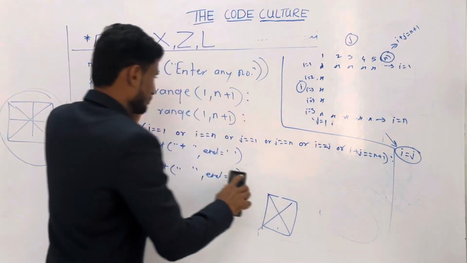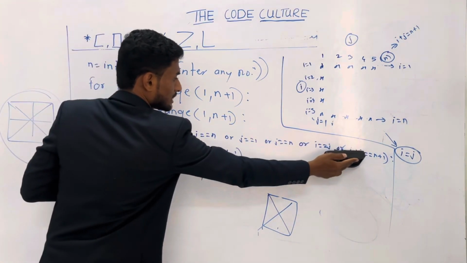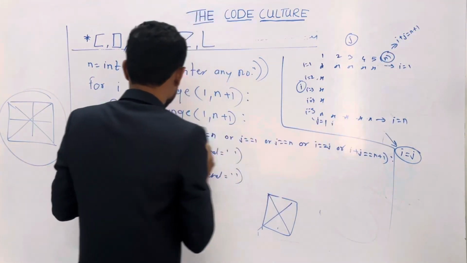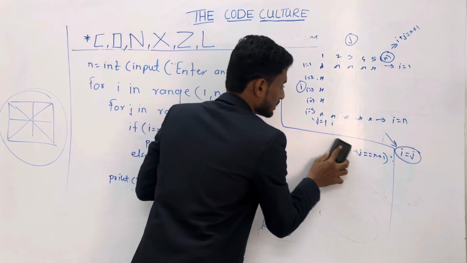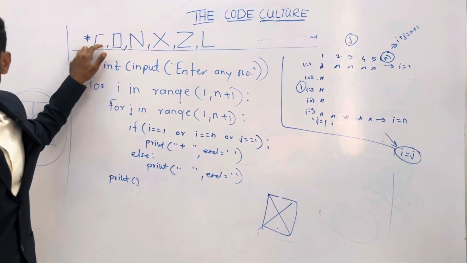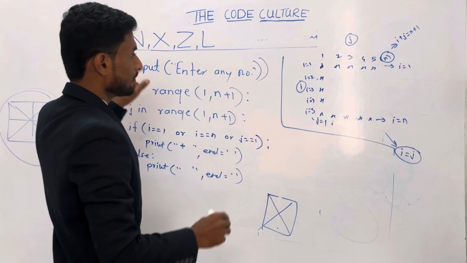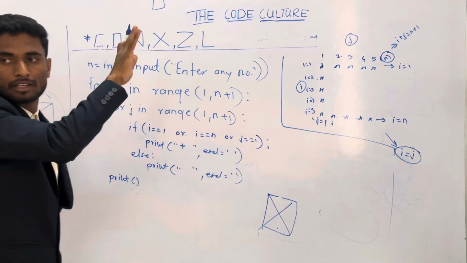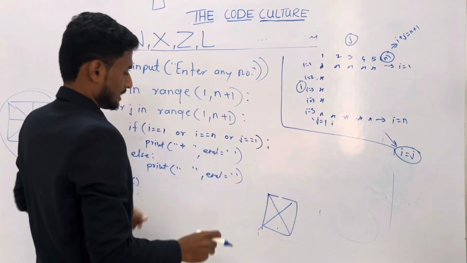So in the same program, change from six equations to just three equations: i equals 1, i equals n, and j equals 1. All the remaining part is unnecessary to print this C. By using this we'll get C. Similarly for D, we have the hollow square already, so we can print D. This is also our O. Now next is N. How to print N?